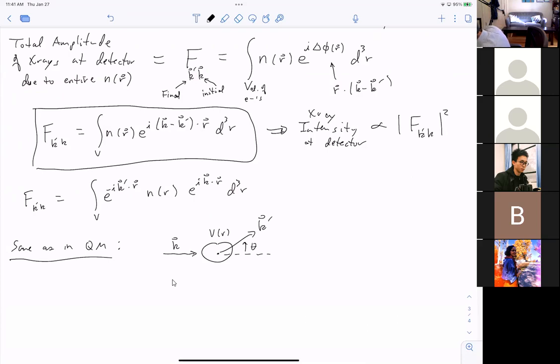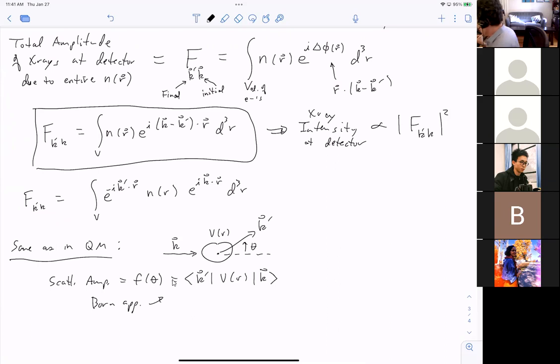And then we have this thing called the scattering amplitude, which we call F of theta. And the scattering amplitude in the Born approximation is very simple. We can write it as <K prime|V of R|K>.